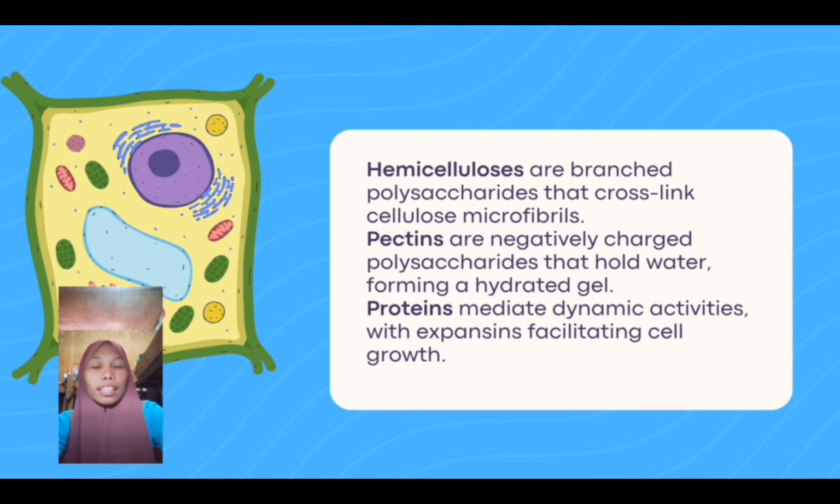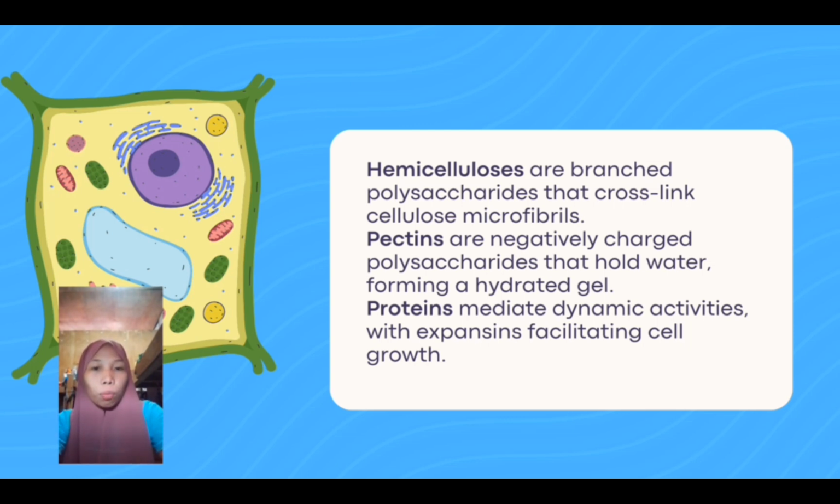So, ito ay importante lalo na sa mga stages ng plant growth, kung saan kailangan mag-expand ng cells habang nananatiling structurally stable. So, in other words, ang combination ng hemicelluloses, pectins, at proteins ay nagbibigay ng strength, flexibility, at functionality sa plant cell wall.